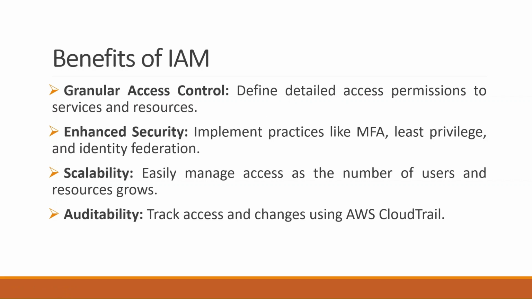IAM helps you protect your AWS environment by enforcing best practices like adding MFA, which is like adding an extra layer for login protection, and least privilege means giving a user the minimum permission they need to do their job. And lastly, identity federation, like allowing a user to log in using trusted systems like Google without creating a separate AWS account.